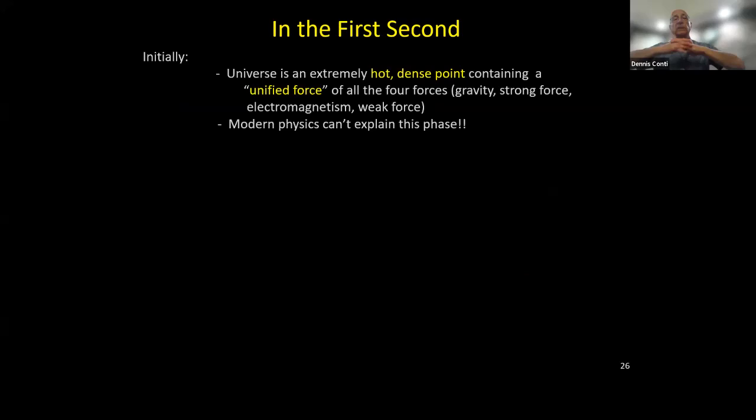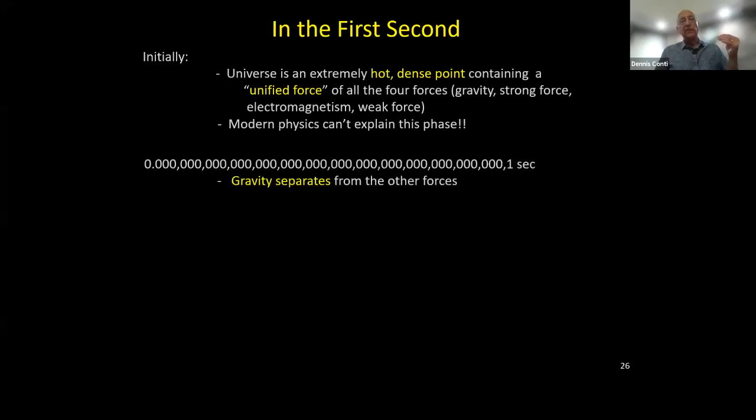They're all like one force. Physicists can't explain that, but they believe that was the case. So we have this initial point in time. I'm not going to talk about before, because I don't think anybody really knows what happened before. But let's just say some initial point, and then things started taking off.